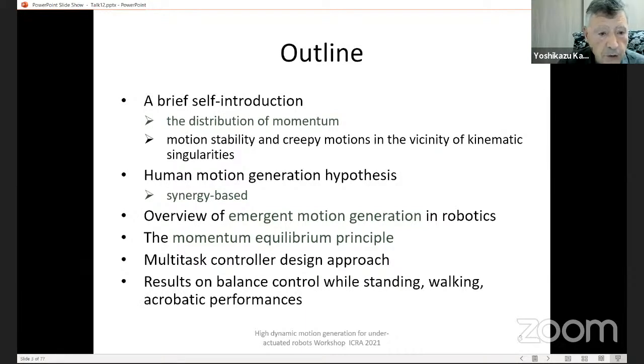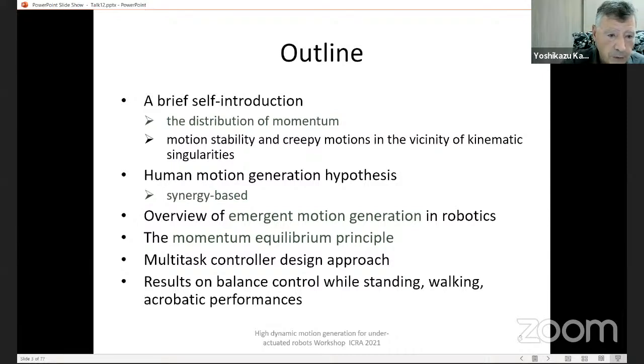After this, I will introduce the momentum equilibrium principle, which is well known in humanoid balance control with respect to linear motion, but has not been considered in depth with respect to angular motion.